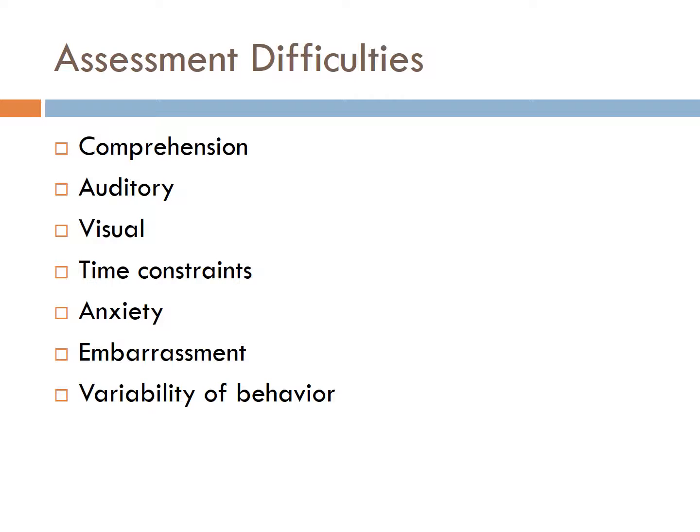Auditory or visual, sometimes they're having trouble hearing or reading instructions. They may have trouble with time constraints. They might get very anxious or embarrassed and need extended time. And finally, students may exhibit certain behaviors at some times and not others. So they may have variable behavior, so it might be difficult to pin down what the problem is.